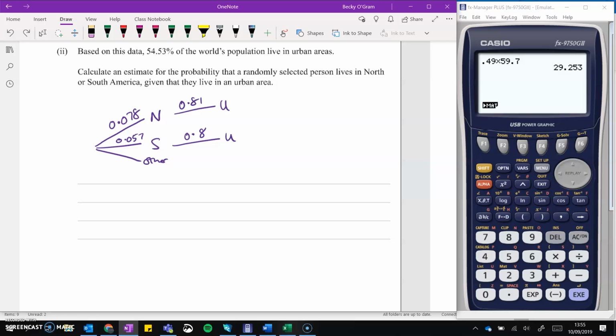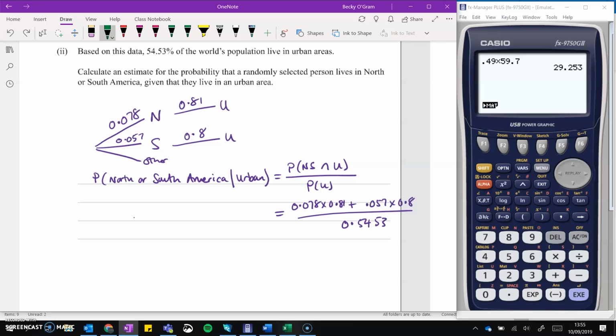So now we want the probability that they live in North or South America, given that we know they live in an urban area. This is a conditional probability, and this is the formula for doing that. This is the probability of them being in North or South America and living in an urban area, divided by the probability of living in an urban area. So we get this calculation.